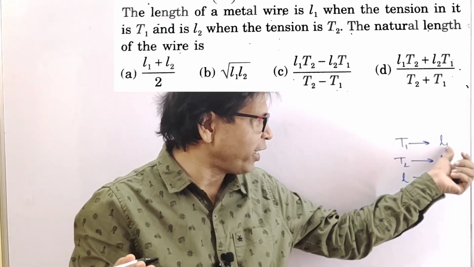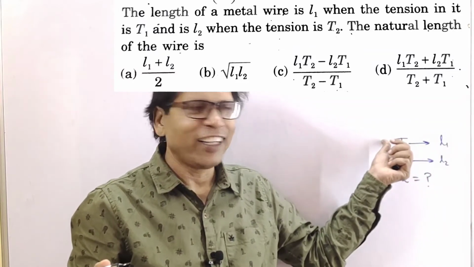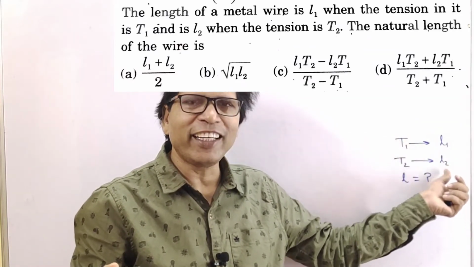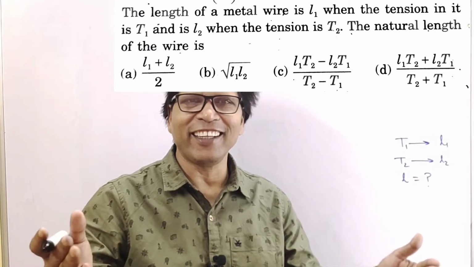When the length of a wire is L1 when tension in it is T1, and length L2 when tension is T2, we have to calculate the natural length.